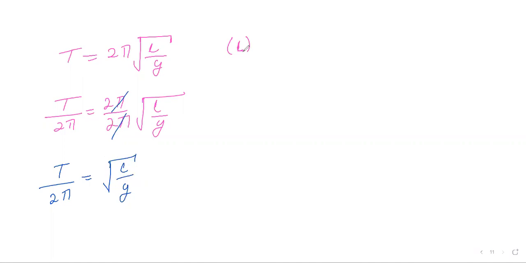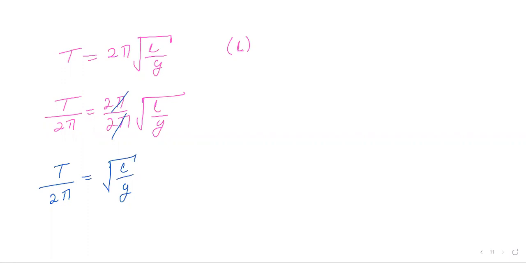Now, I want to make L the subject. Where is the L? It's inside the square root.